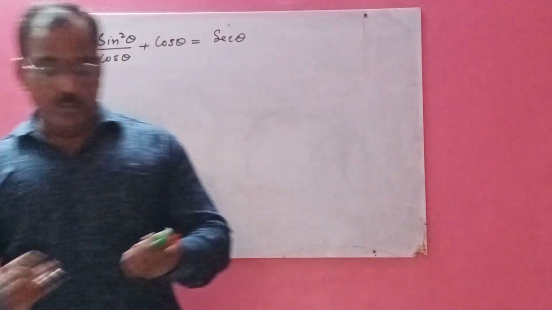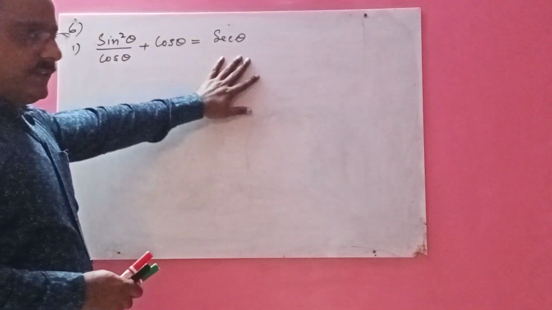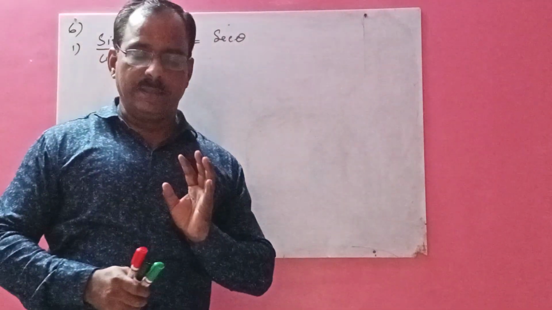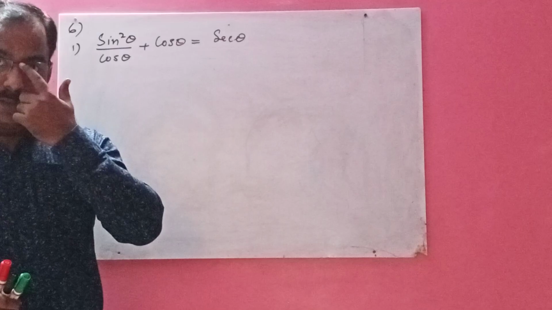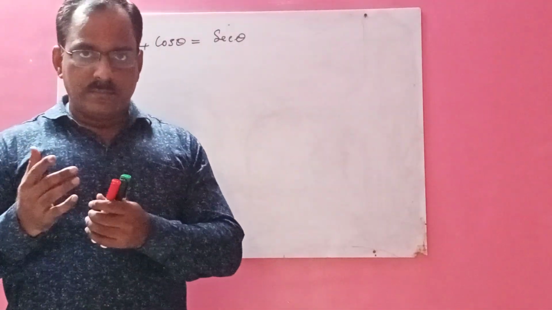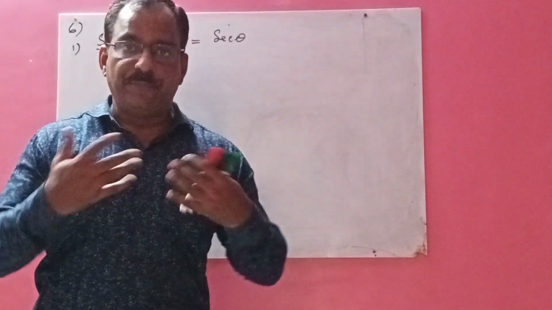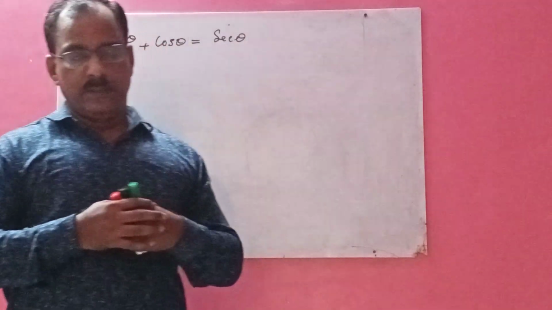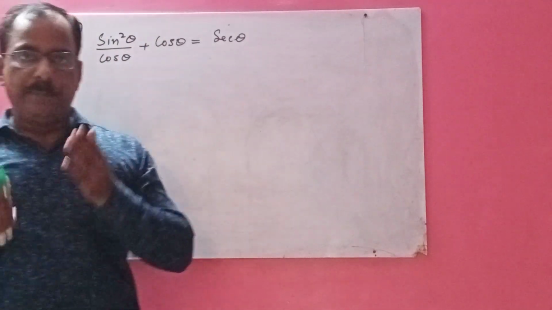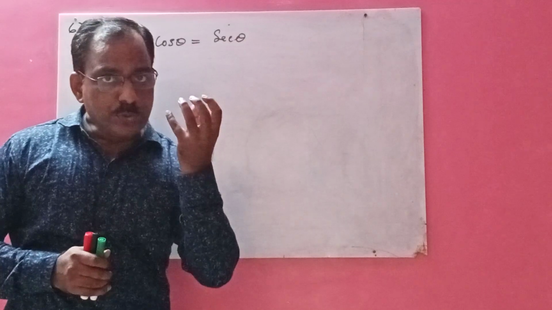Children, if you want to prove LHS equal to RHS, I will give you some hints. Number 1, you should take that side, left hand or right hand side, which is the complicated, difficult part of the problem. Whenever the question says prove that LHS is equal to RHS, you should take that side.